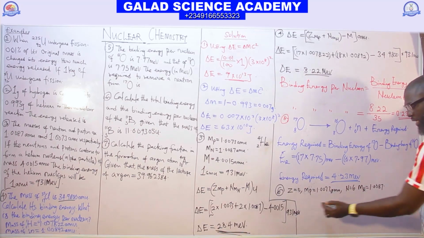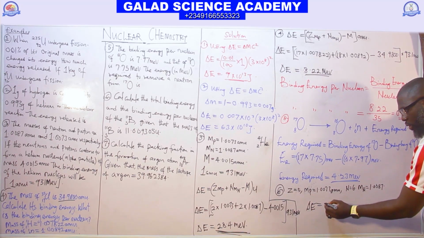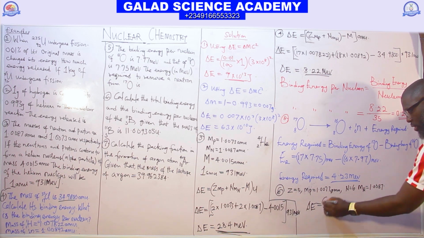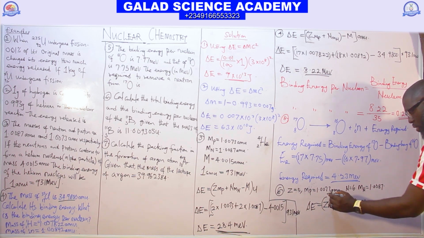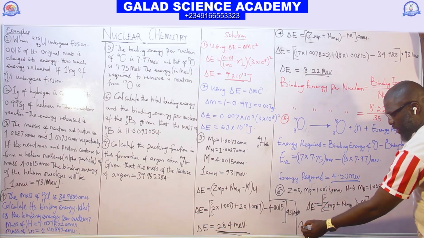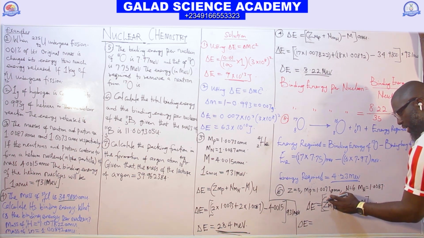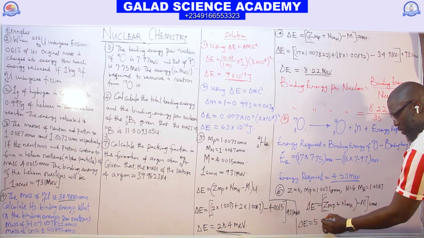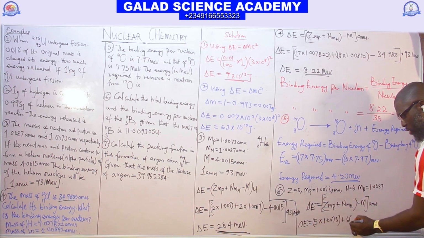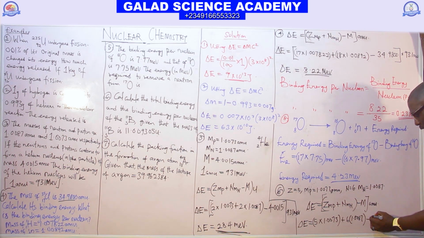Once you know this, and your real mass is 11.009305. So to know the binding energy here, you will say binding energy equals Z times mass of proton plus N times mass of neutron minus M. So you will multiply everything by AMU. Z is 5 multiplied by 1.0073, plus 6 times 1.0087, minus 11.009305.